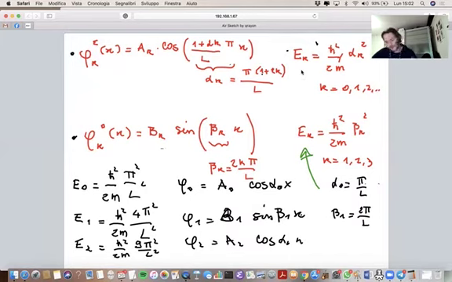And so forth. There are many ways you can do the bookkeeping of all of these terms to make sense of them.